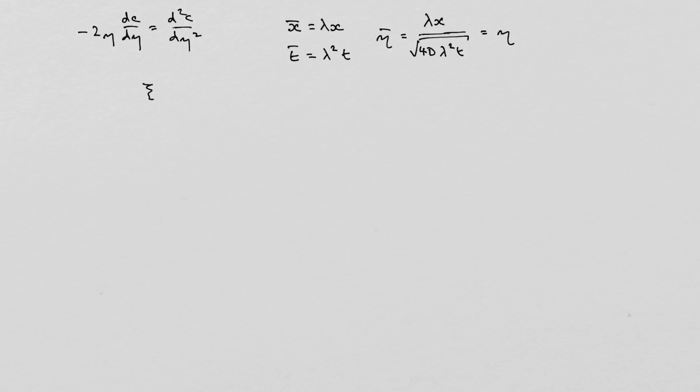But if I do psi, I'm just testing your Greek alphabet here. If I write psi as dc by d eta, then it becomes minus 2 eta psi is d psi by d eta. That's what you meant. It's first order. Actually, it is a second order differential equation because the highest derivative is 2. Sorry? Do you have any linear n order thing you can turn into a load of first order equations?